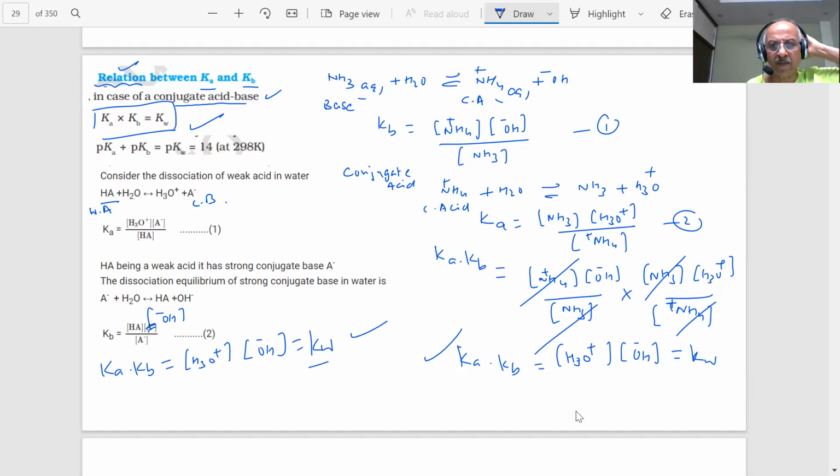So any acid you can take and any conjugate base. This is an important relationship for solving many questions. Ka into Kb is equal to this, students.